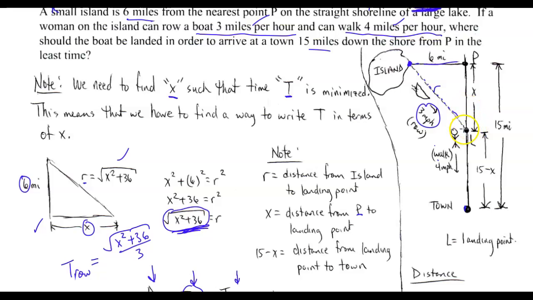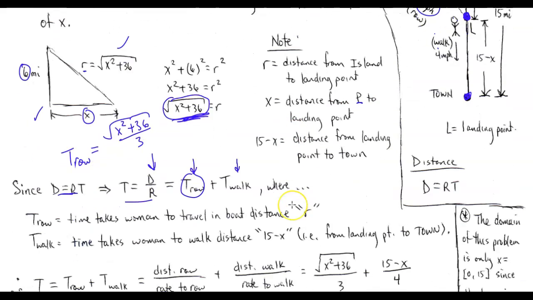But the thing is that that's the total distance, 15 miles. We don't want her to walk the whole 15 miles. We just want her to walk from the landing point. So from the landing point to town, that distance is 15 minus x, okay? And so we'll take the 15 minus x as our distance and divide that by our rate of walking, which is 4 miles per hour, okay?